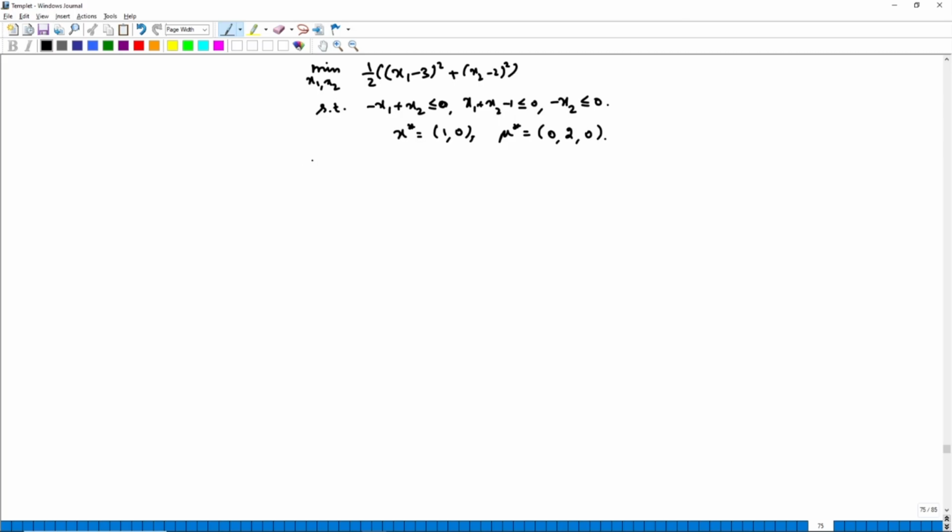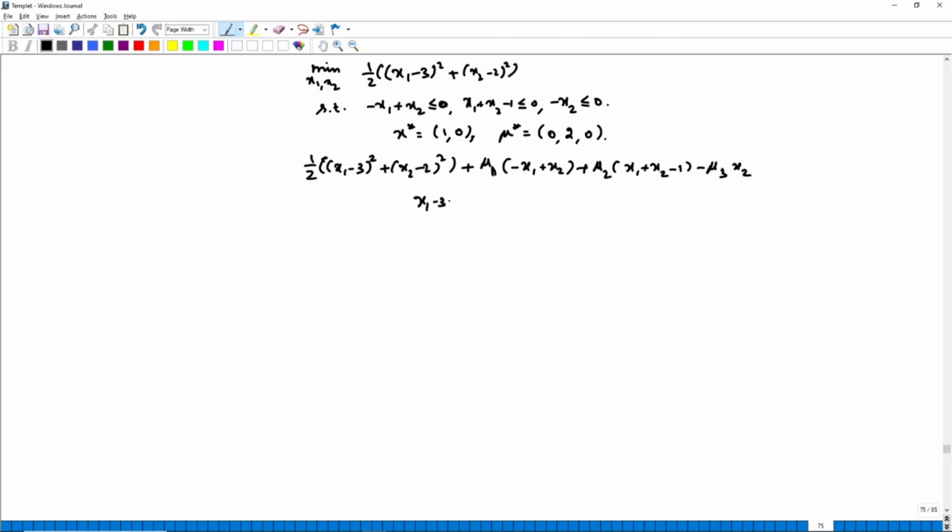So the Lagrangian would be half of (x1 minus 3) the whole squared plus (x2 minus 2) the whole squared plus lambda 1 into (minus 1 plus x2) plus lambda 2 into (x1 plus x2 minus 1). Maybe I write it as mu 1, because that is how we write for inequality constraints, minus mu 3 x2, right.